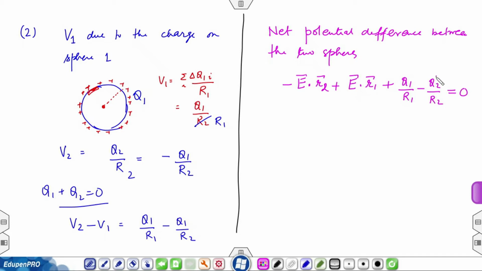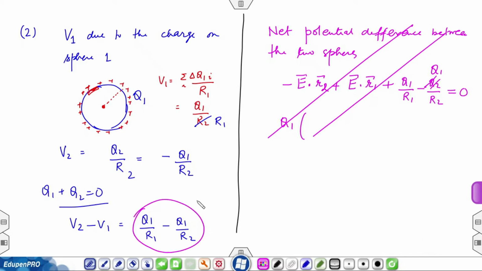Sorry, this is Q1 again. I think I made a mistake here. So, let me just cut this. The mistake was right here. This should have been Q1 over R1, and the other one is negative.